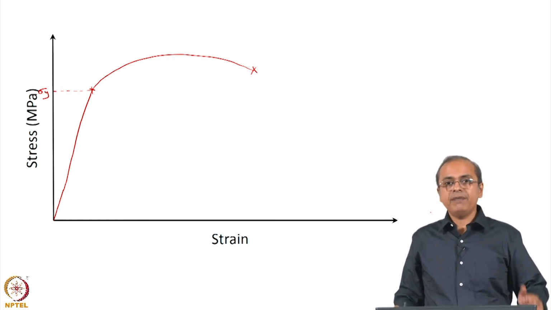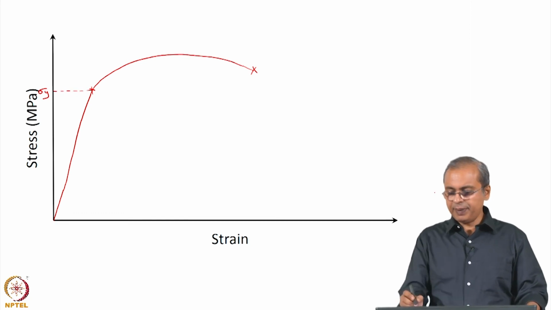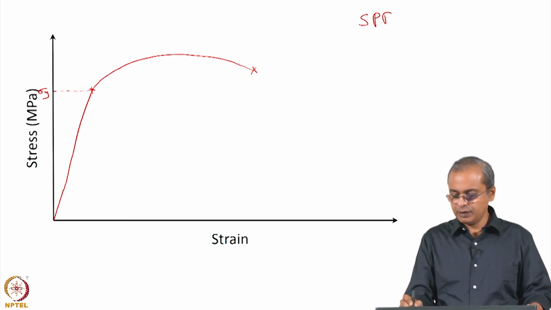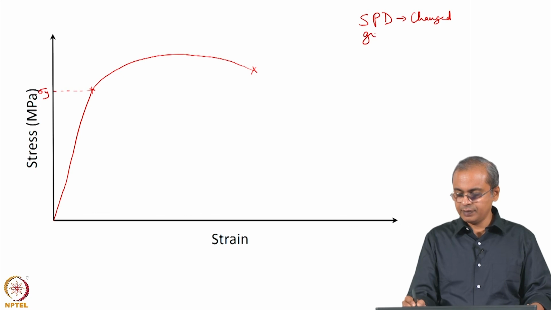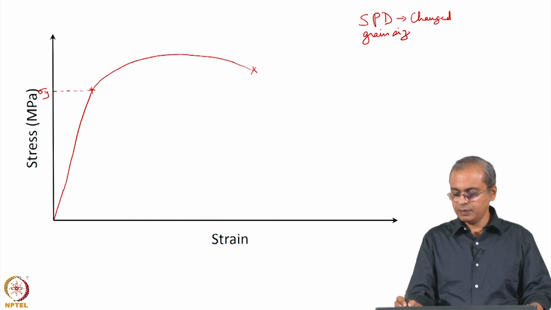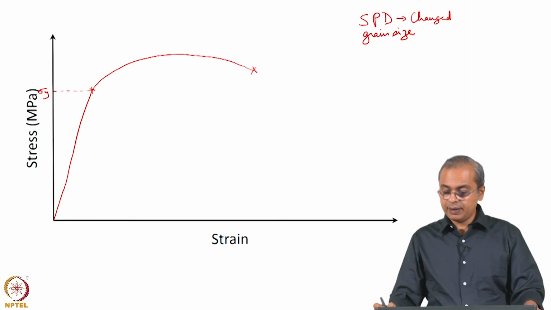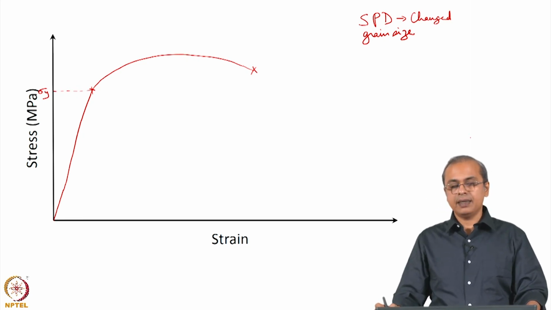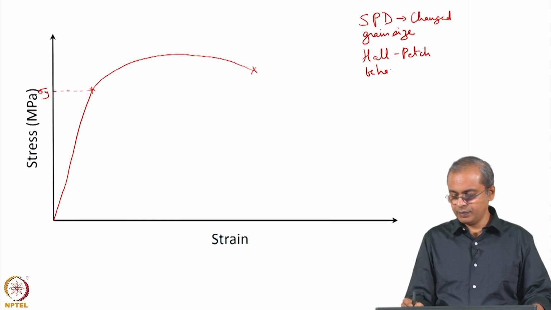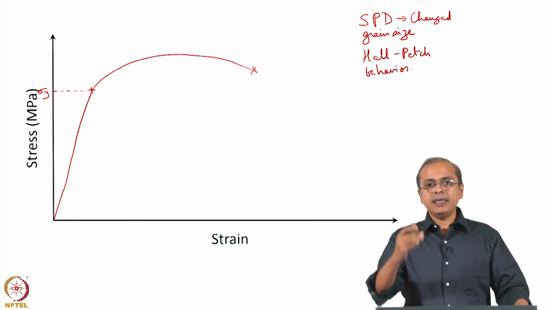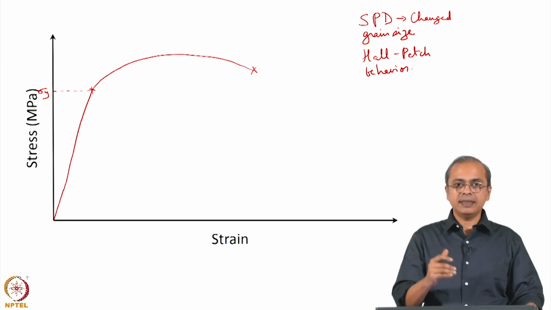So, when we do severe plastic deformation, we have basically changed the grain size. Okay. So, now if you look at the Hall-Petch behavior, you are expecting that as the grain size goes down, the yield strength will go up.